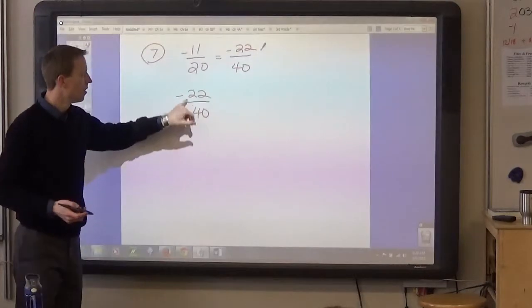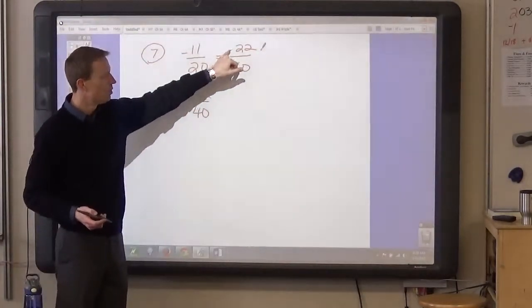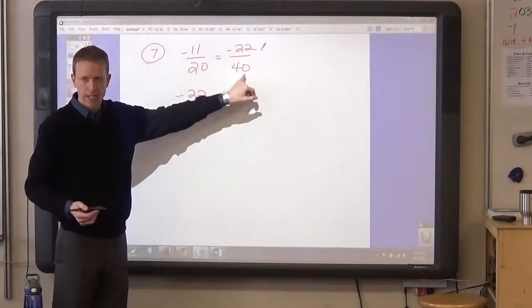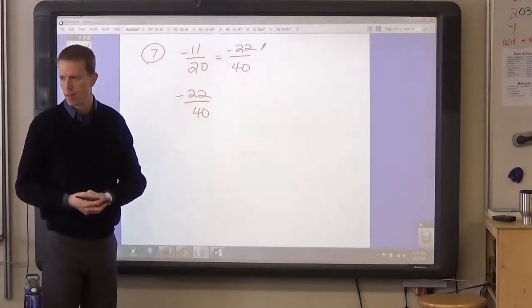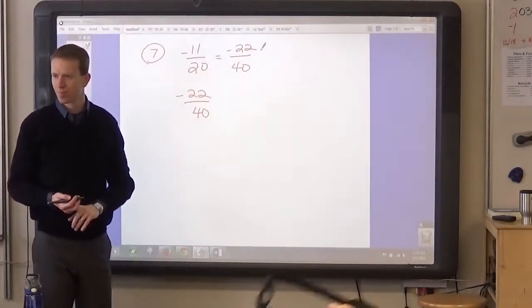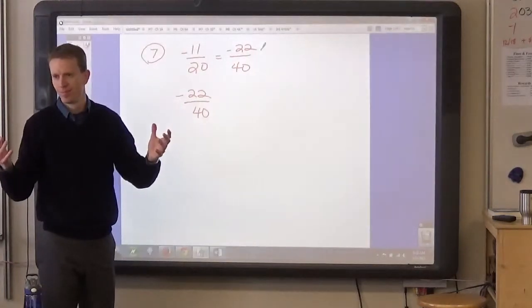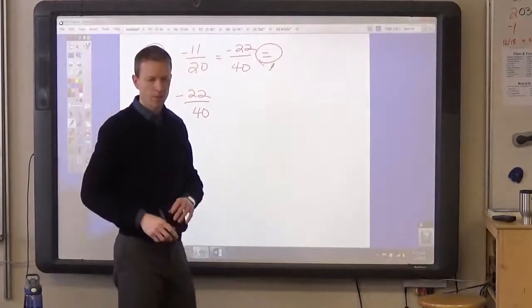But whether it's 22 over -40 or -22/40, it's just helpful to think of the top number as being negative. Now, what does this show? These are equal, right.